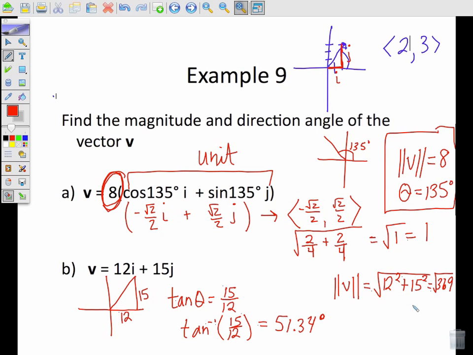And that's 3 times the square root of 41. So the magnitude is 3 square root of 41. Final answer: the magnitude and the direction angle.